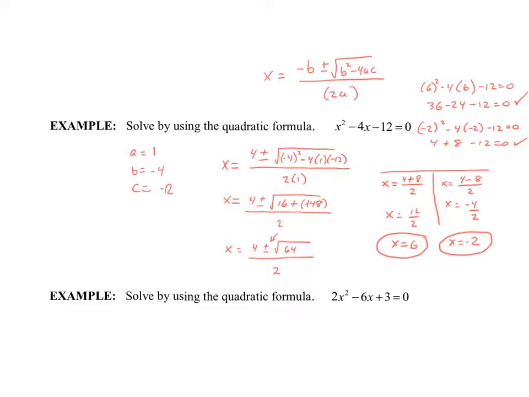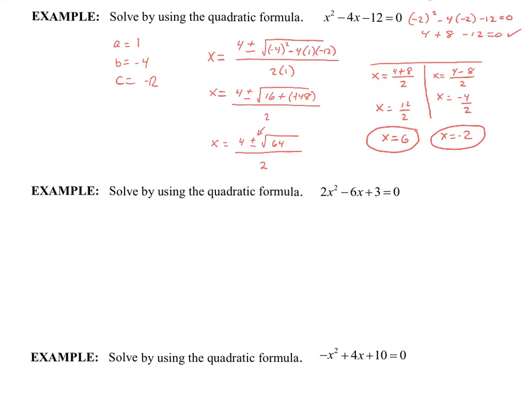Now, notice what we'll do is we'll mix up some of the A, B, and C values. I want to give you some experience using different values. So, step 1, A equals 2, B equals negative 6, that's the coefficient of x, and C equals 3. So I plug into my formula, x equals the opposite of b, so b is negative 6, therefore the opposite of b is positive 6.